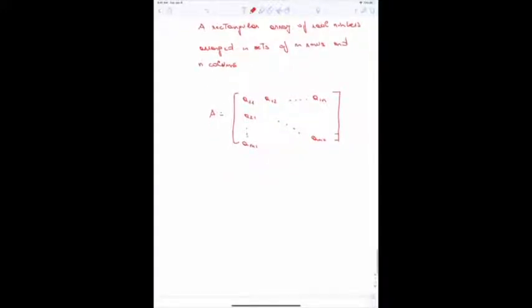Now you can write a vector as x1 through xn. So this would be a matrix of size 1 times n, and this is a matrix of size m times n.